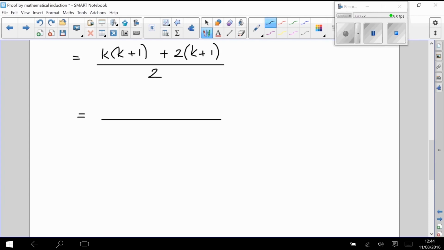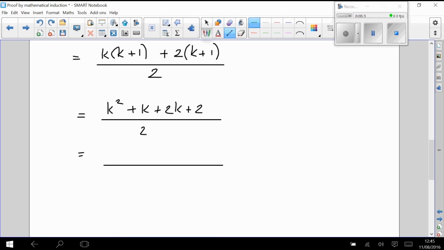So in my numerator, I now have k squared plus k plus 2k plus 2 all over 2. If I add like terms in the numerator, I'm going to have k squared plus 3k plus 2 all over 2.